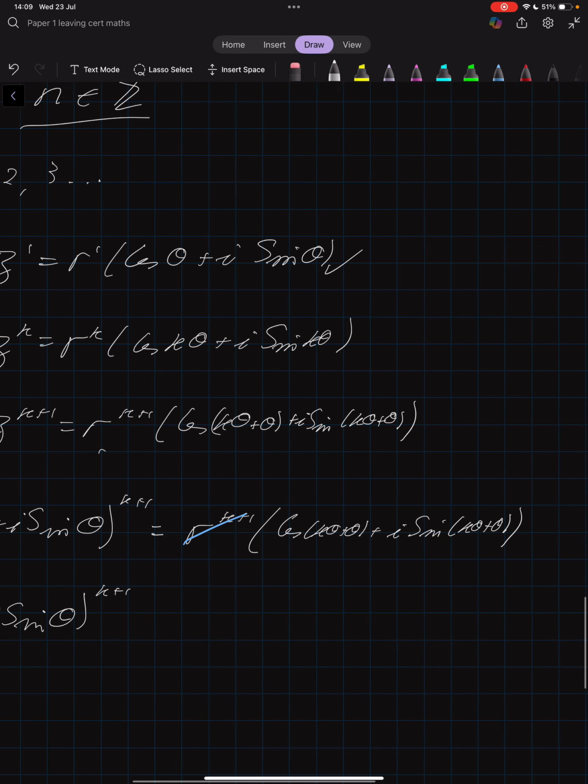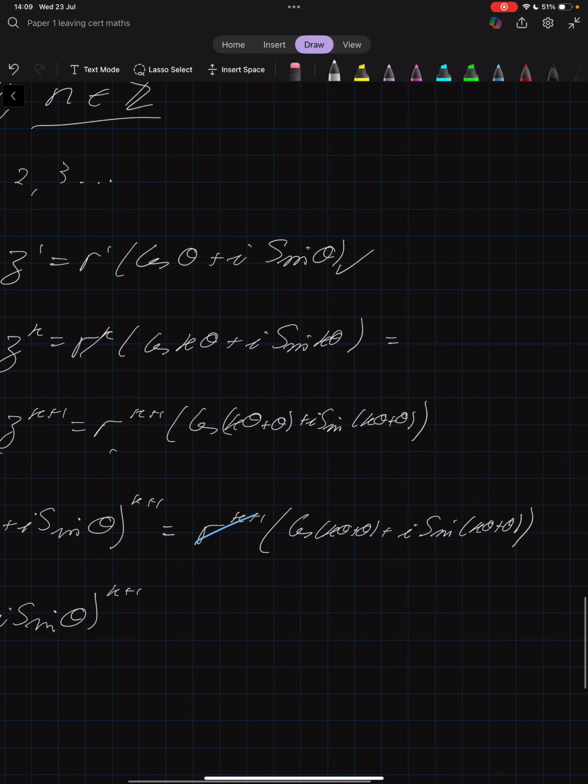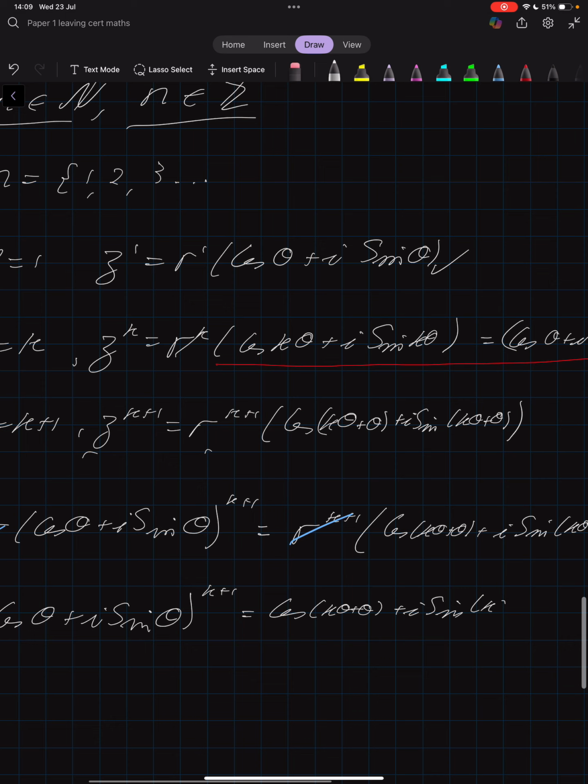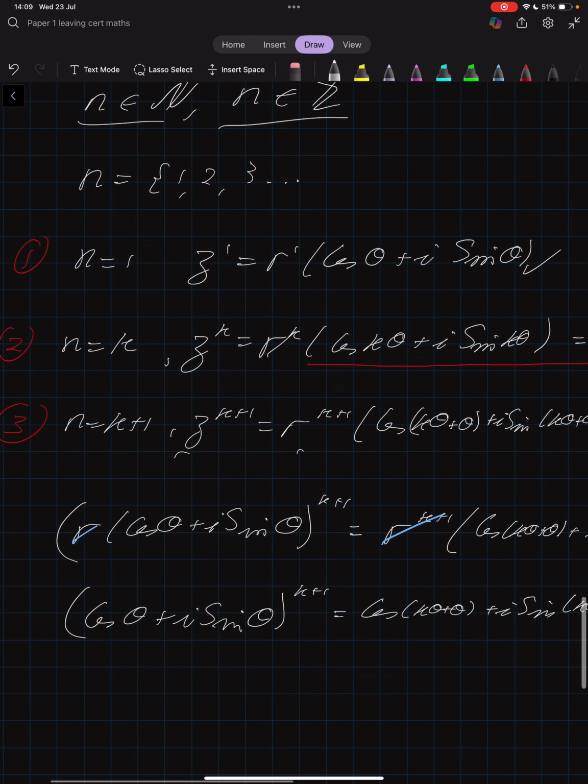Again, for n equals k, we have that (cos theta + i sin theta) to the power of k is equal to cos k theta + i sin k theta. So this is what we have, and this is what I need to show. Okay?